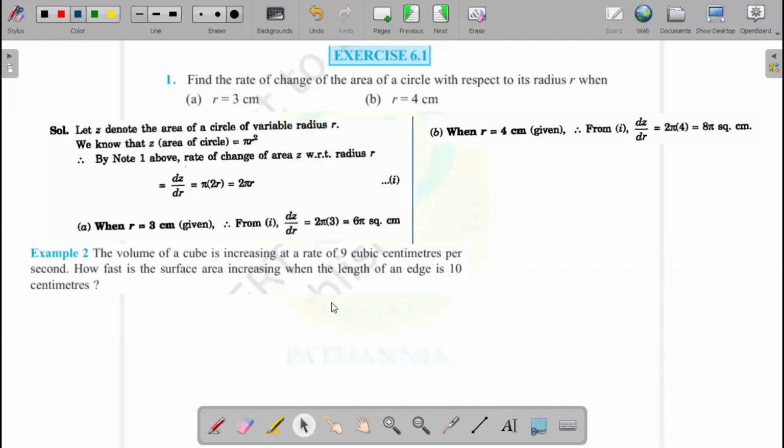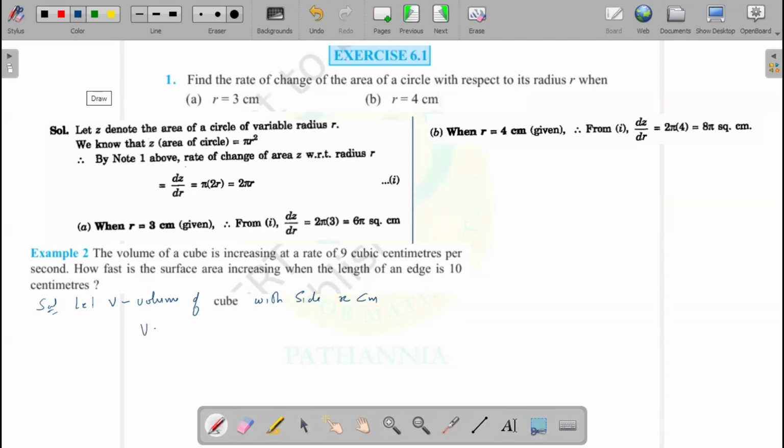Example second, from your NCERT book, he says the volume of a cube is increasing at the rate of. Again, you have to give the denoting. Let V be the volume of a cube with side x centimeter.